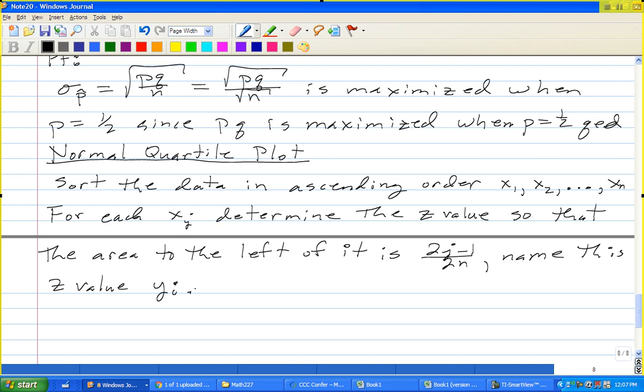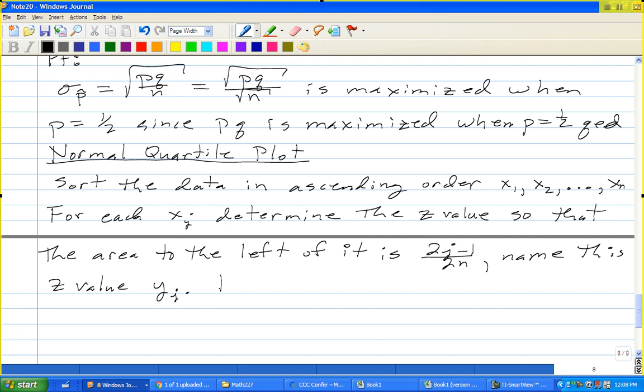So for each xj, you have some z value. We'll call that z value yj, and this z value is such that the area to its left is (2j minus 1) over 2n.